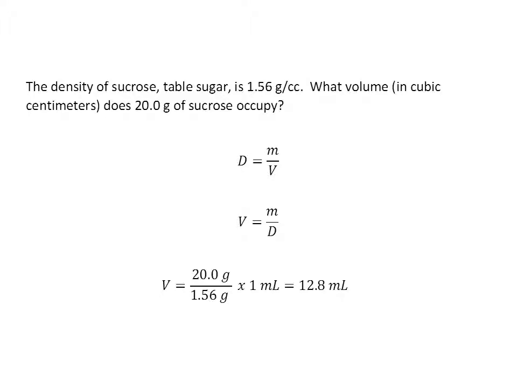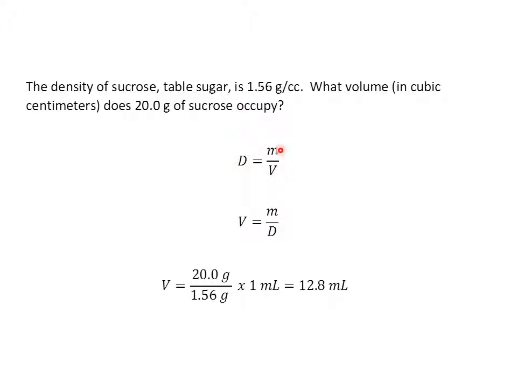Alright, in this next problem, we have the density of sucrose, which is table sugar, is 1.56 grams per cc, which is cubic centimeters. What volume in cubic centimeters does 20.0 grams of sucrose occupy?